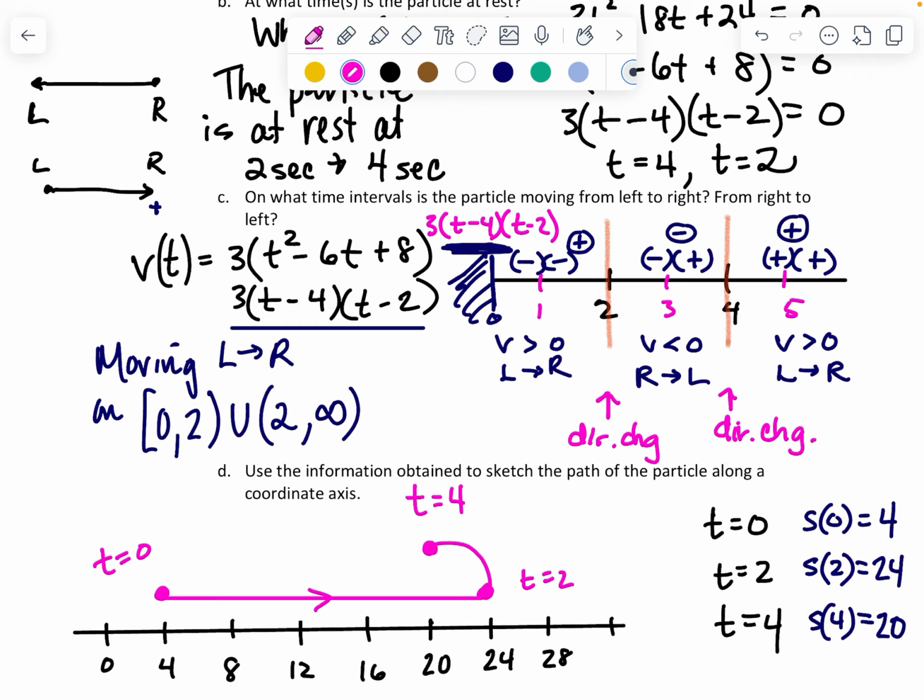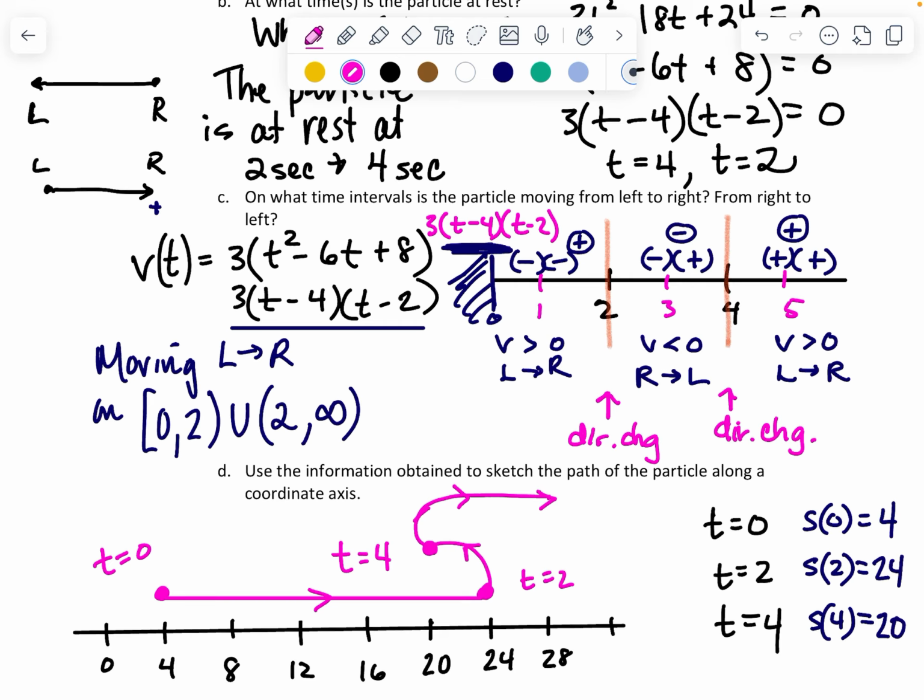And then I don't need that t equal 4 there though, because there's another turnaround there. So then it's going to turn around again, and it's going to head back to the right, left to right, okay? So going down like that, going back like that.